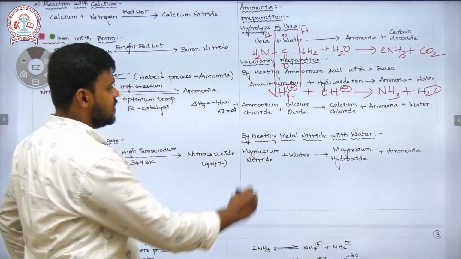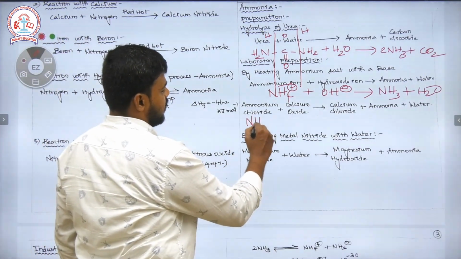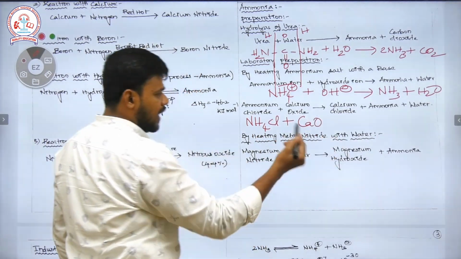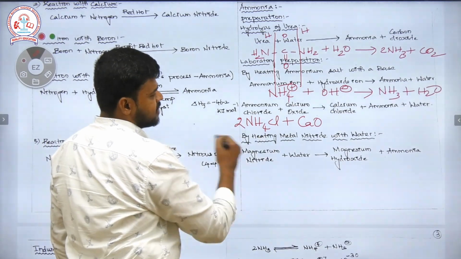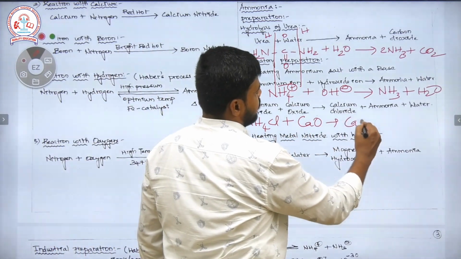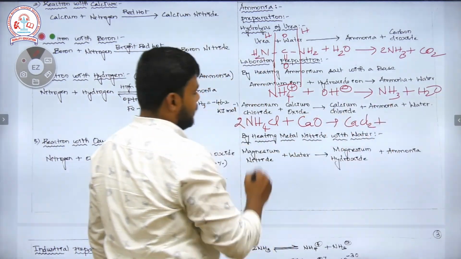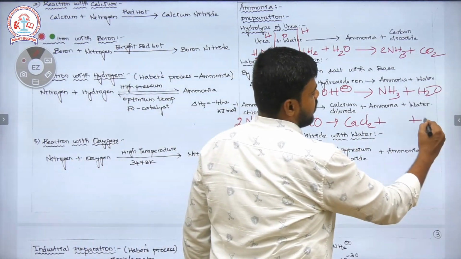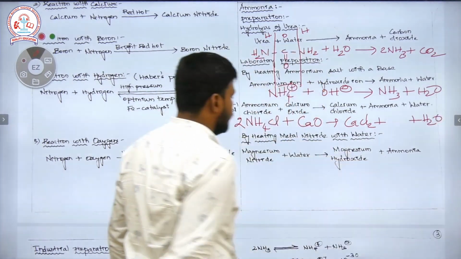Then the next reaction is ammonium chloride. The salt of ammonia reacts with calcium oxide. What happens? It's very clear. Calcium will take up the chlorine and goes as calcium chloride. Then in order to remove this oxygen, 2 hydrogens will take the oxygen and go as a water molecule.